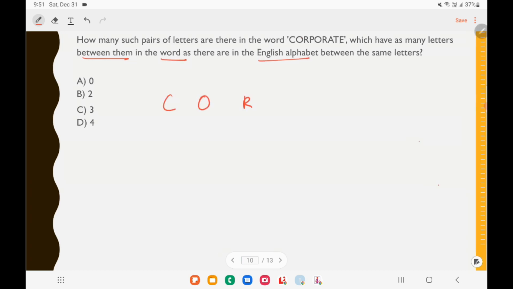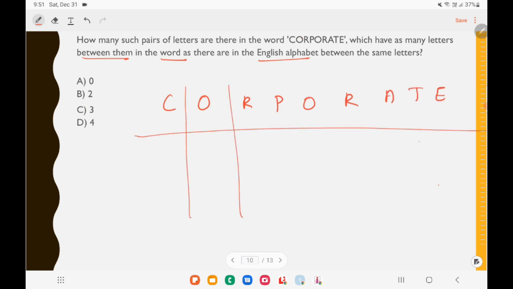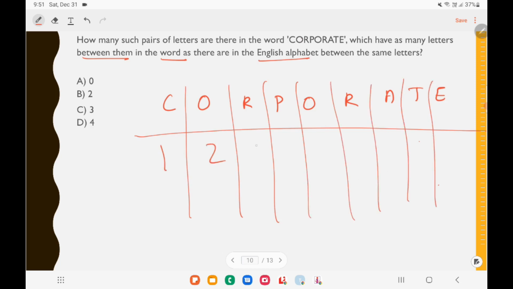So just write the word corporate first. Okay. Just write the word corporate. Now write 1, 2, 3, 4 in the order under them. Okay. Now you have to write the numbers corresponding to each of these letters in the English alphabet.